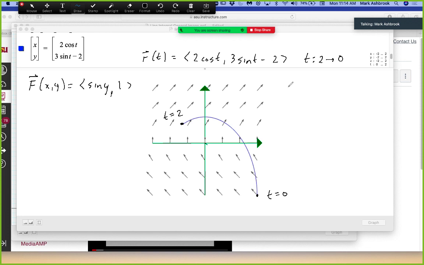So as we go from 2 to 0, I want to do the line integral from 2 to 0 of F dot dr. I just want to predict, is that going to be greater than 0, less than 0, or close to 0? Because I'm going this way. I want to go this way on the curve.